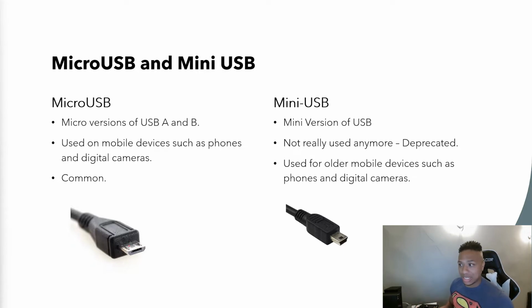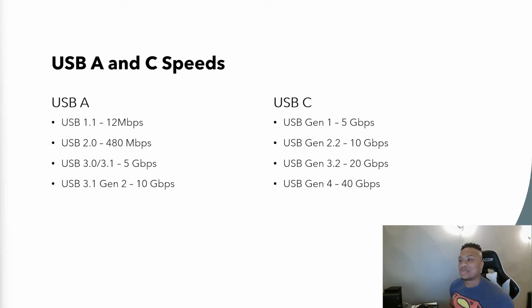Mini USB is the mini version and is not really used anymore. So micro USB essentially replaced mini USB. It might get confusing to remember which one took over. Just remember, micro is what's up, guys. Unfortunately, you probably have to memorize these for the exam.